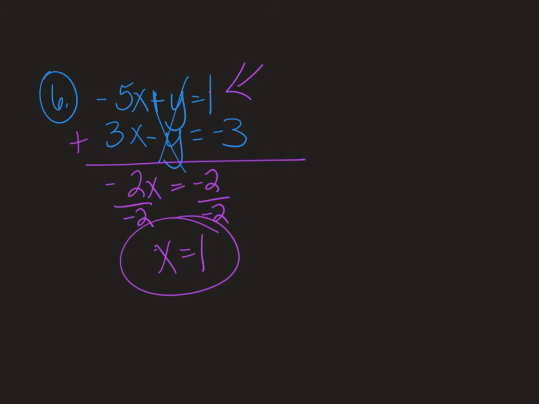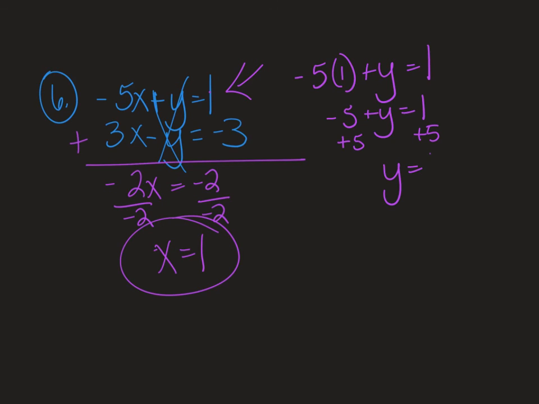I'm just going to go with the top one. So negative 5 times positive 1 plus y equals 1. Negative 5 plus y equals 1. Plus 5, y equals 6. So what do you think?